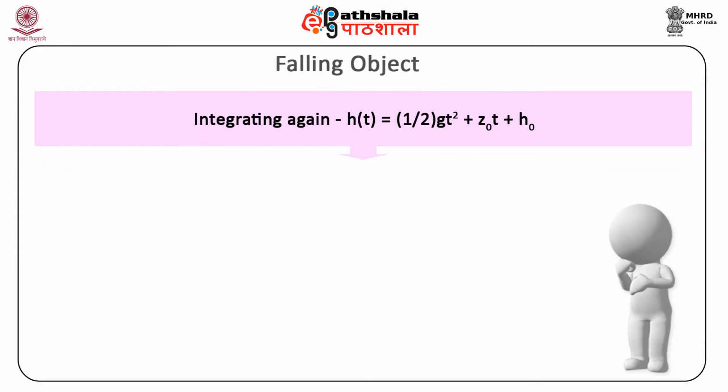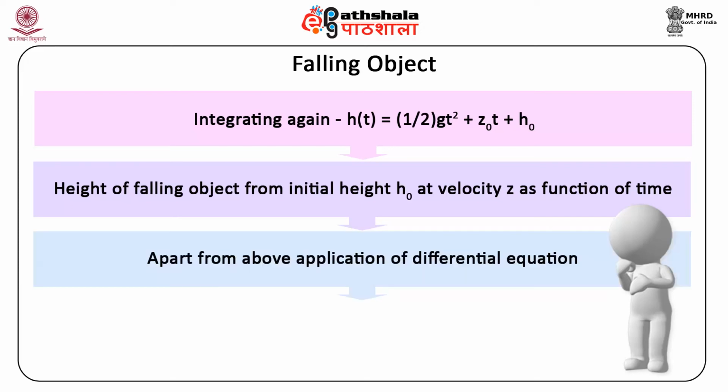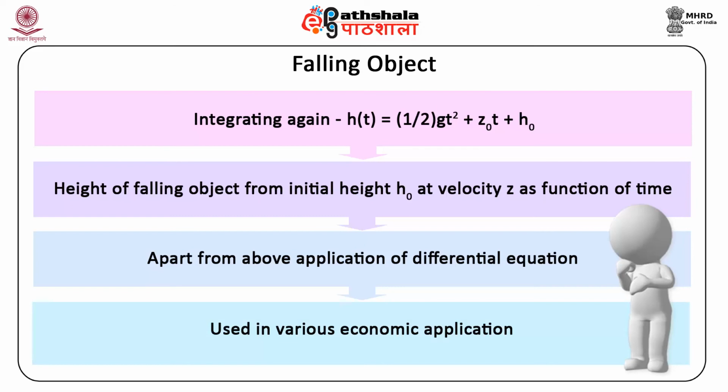Integrating again, we get h(t) = 1/2 g t² + z naught t + h naught. The above equation states the height of a falling object from initial height h naught at velocity z as a function of time. Apart from the above application, differential equations can also be used in various economic applications.